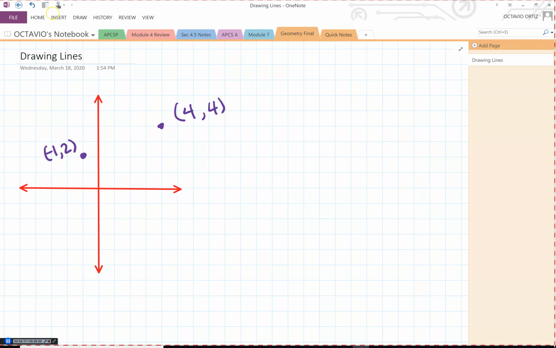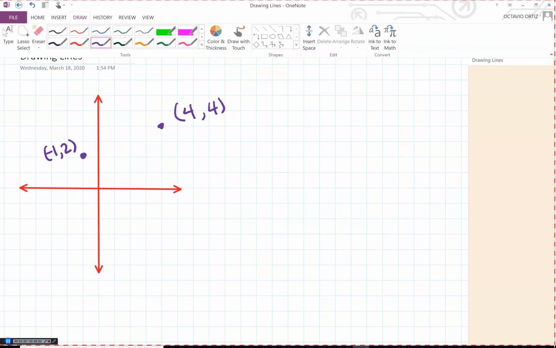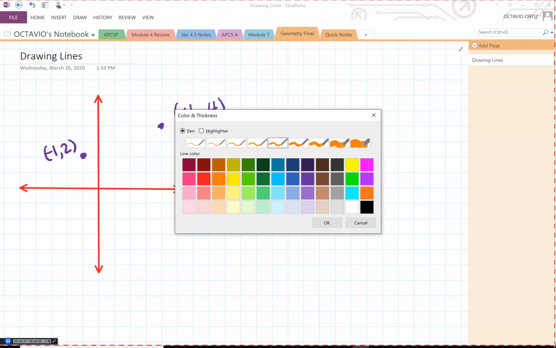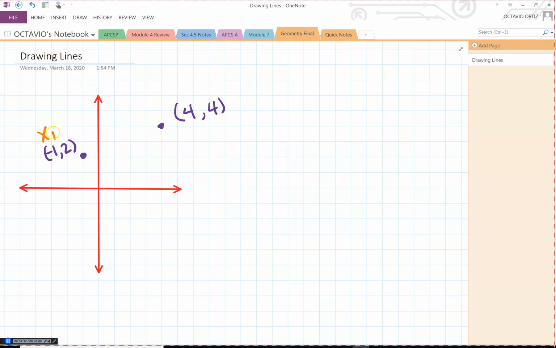And if we don't recall, let me explain how we get the equation of a line. When you have 2 points, which is what you have here, you can label them x1, y1, and x2, y2. So x1, y1, x2, y2. It doesn't matter which one's which.